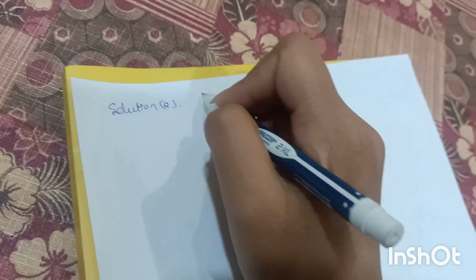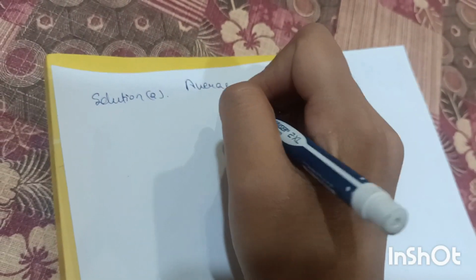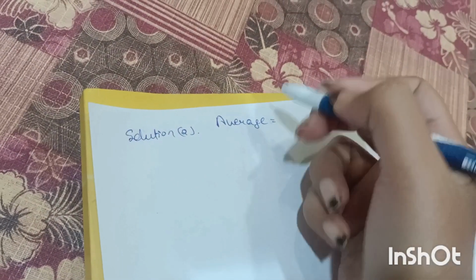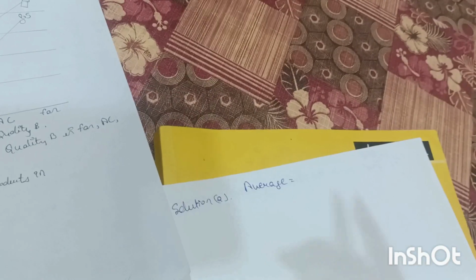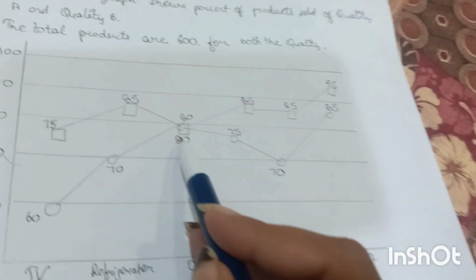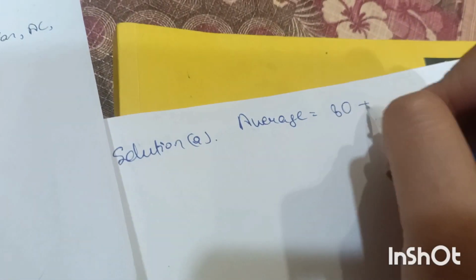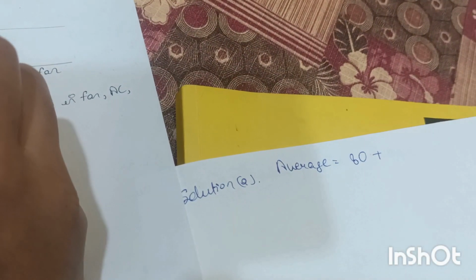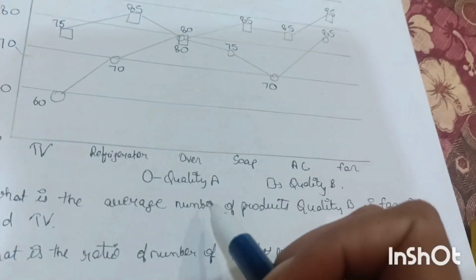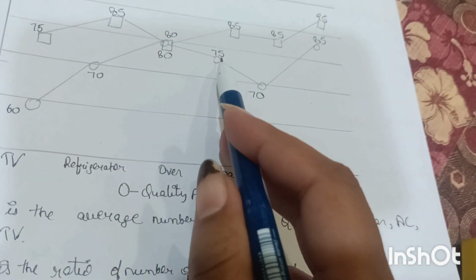so we have to find the average. So the value for oven of quality A is given as 80. So we'll add 80 plus, then for soap quality A is given as 75.